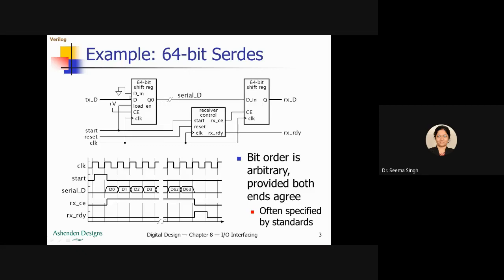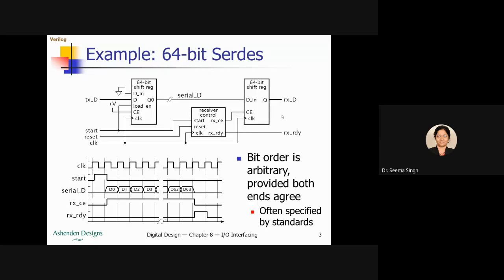So here the data is converted to serial, and this serial data, if required, will be taken out parallel in the output of the receiver side shift register. So this is how a 64-bit serializer deserializer works, and it is very commonly used in a variety of embedded systems.